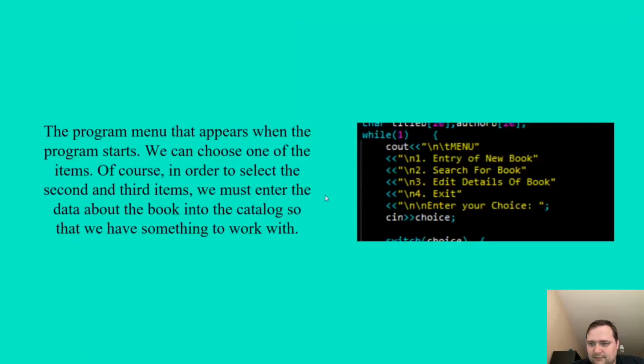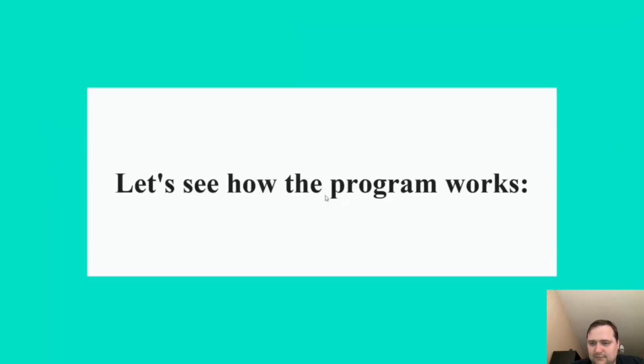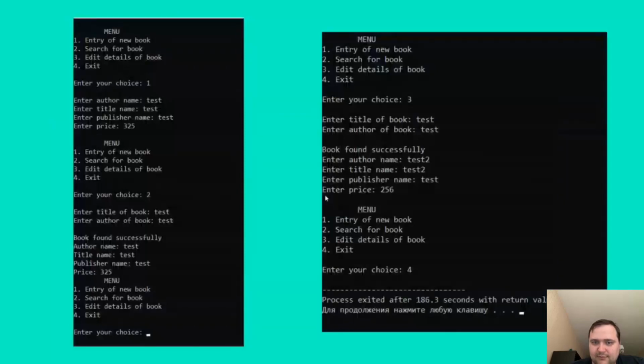Of course, in order to select the second and third items, we must enter the data about the book into the catalog so that we have something to work with. Let's see how the program works. I added the screenshots, but I can show the program.